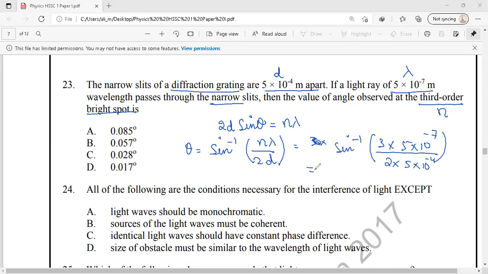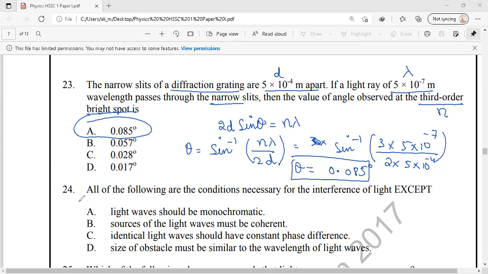After solving the sine inverse of this whole fraction, we get 0.085 degrees. That is the value of theta. So the correct answer is option A.